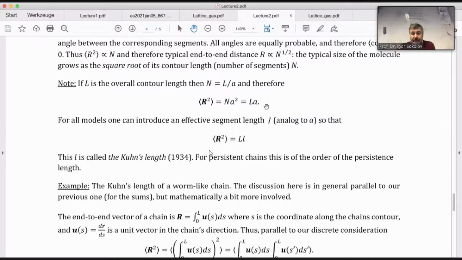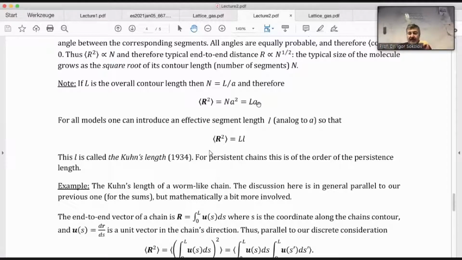Now look. I can put this nA squared as LA, where L is the contour length. If I take the central line of my chain and measure its length from one end to the other, or if I take my polymer chain and pull on it until it's fully elongated, until I orient all chemical bonds as far as I can, I get this contour length.